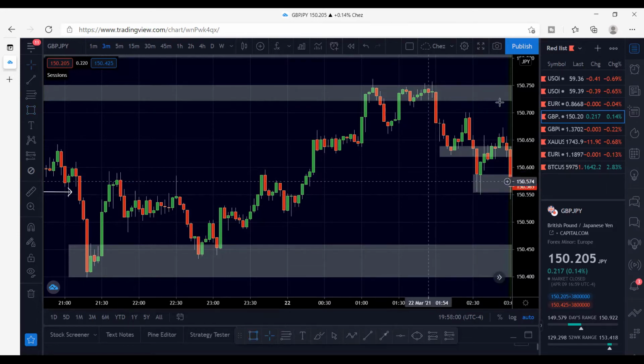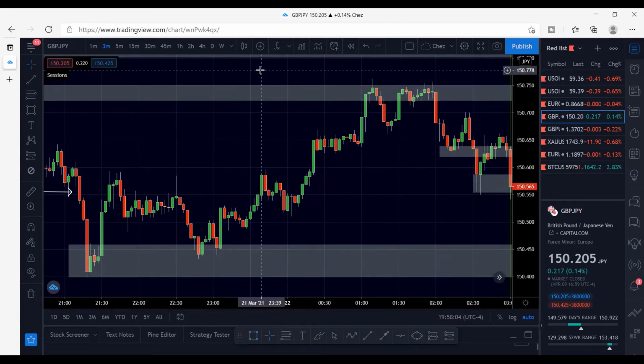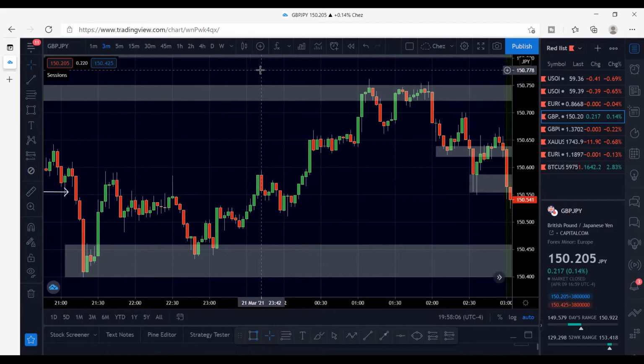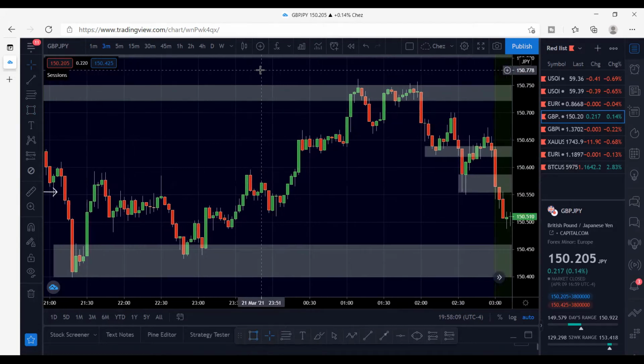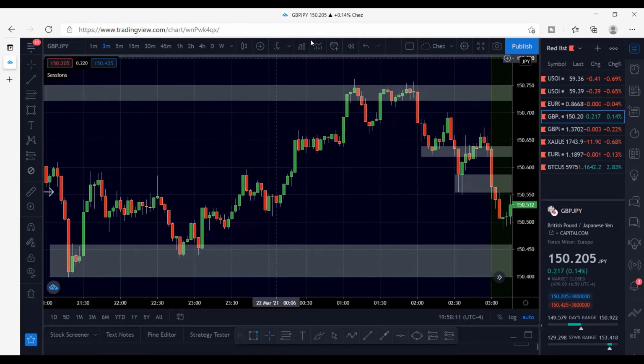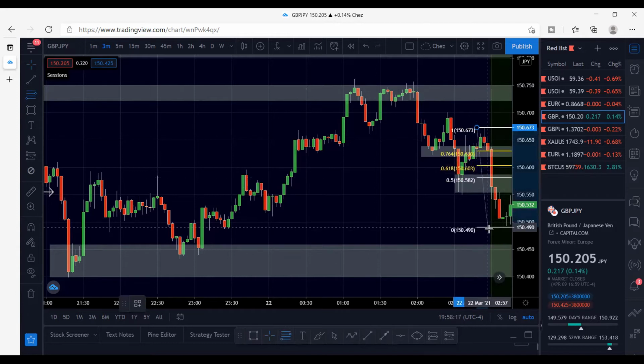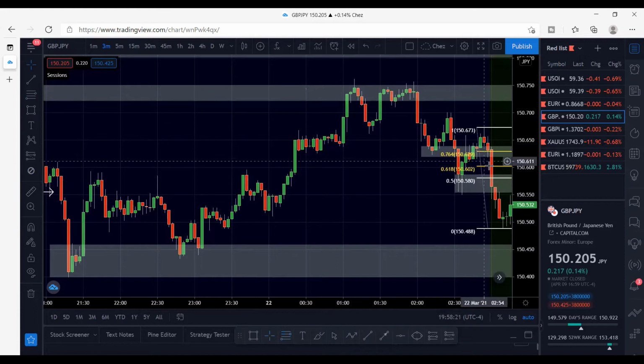And let's see how price reacts if we continue going. Okay, continues to go. So let's draw our fib level again from here to there. We're going to be looking for an entry around the 61.8 or 76.4. Let's go.